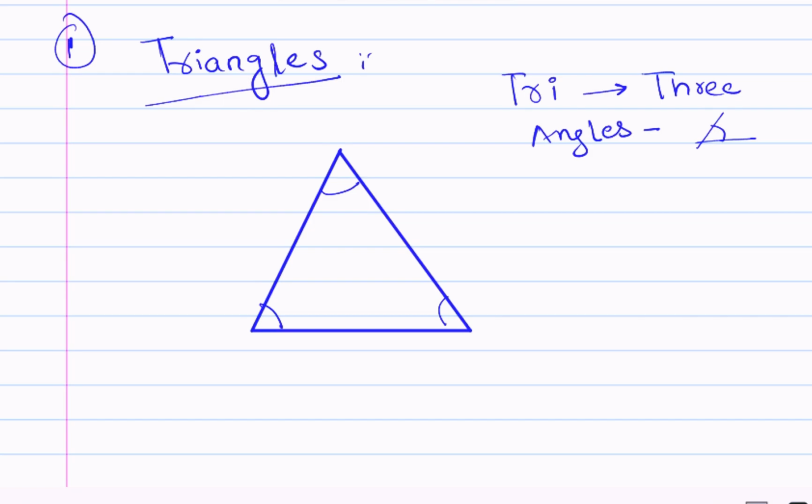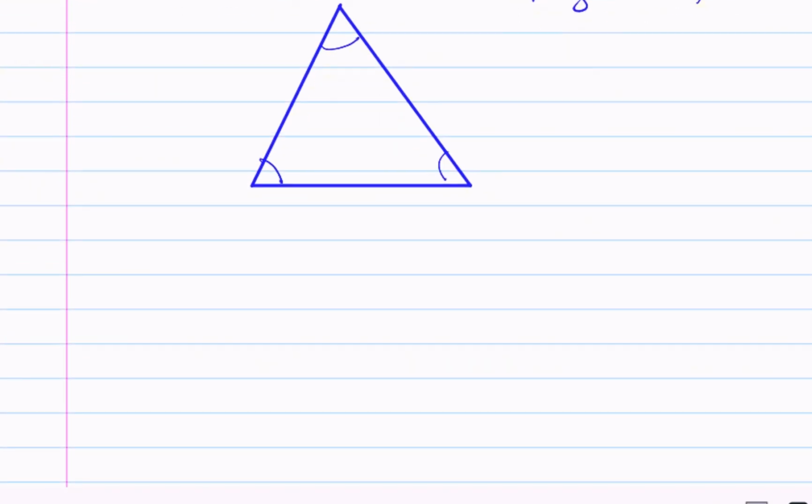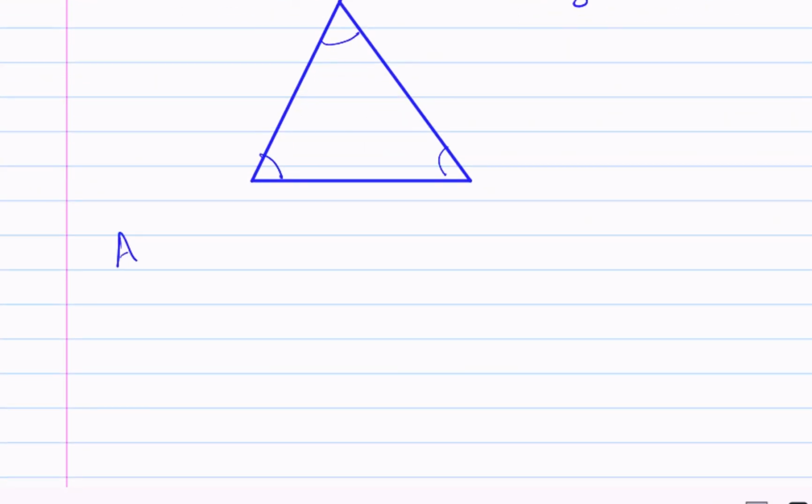Now let me tell you what is the area of this triangle and this type of parameters. The triangle area is basically, let me write the formula. Area is equal to 1 over 2 multiplied by base length multiplied by height.